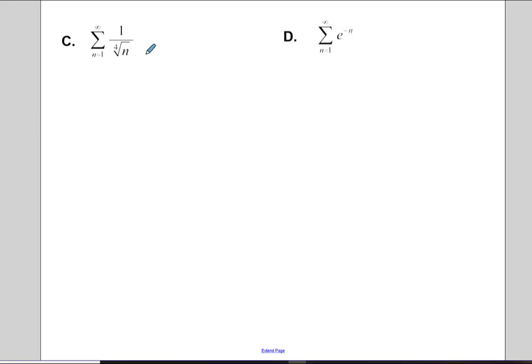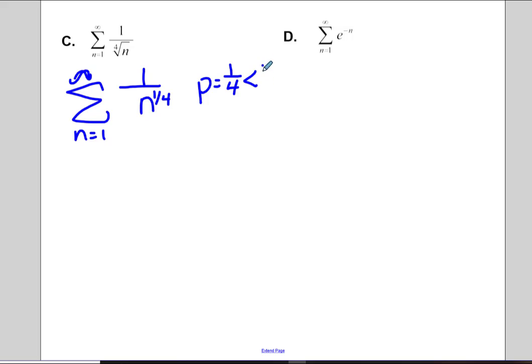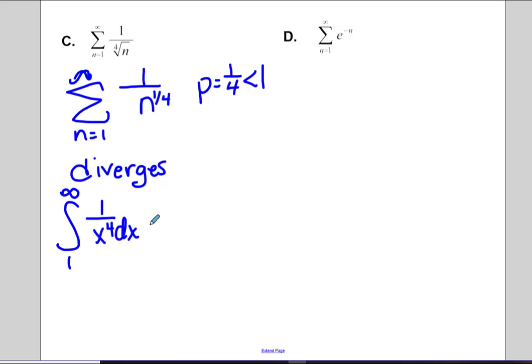In example C, we have the summation from 1 to infinity of 1 over n to the 1/4 power. So our power again is a fraction between 0 and 1, and our series diverges. But we can also show that with the integral test if we take the antiderivative from 1 to infinity of 1 over x to the 1/4 and use the limit as t approaches infinity.